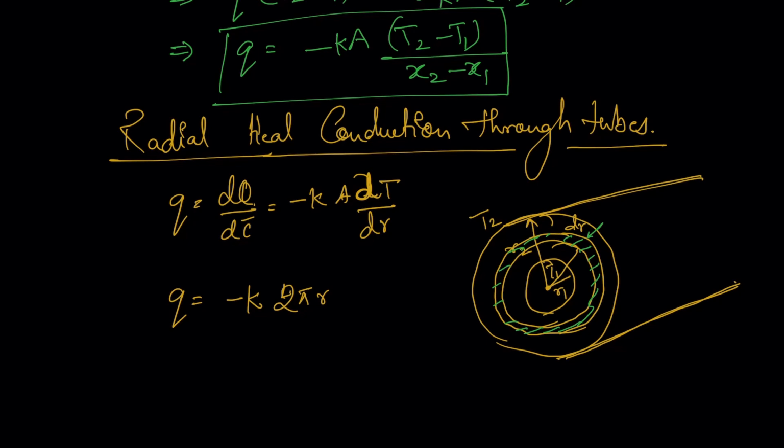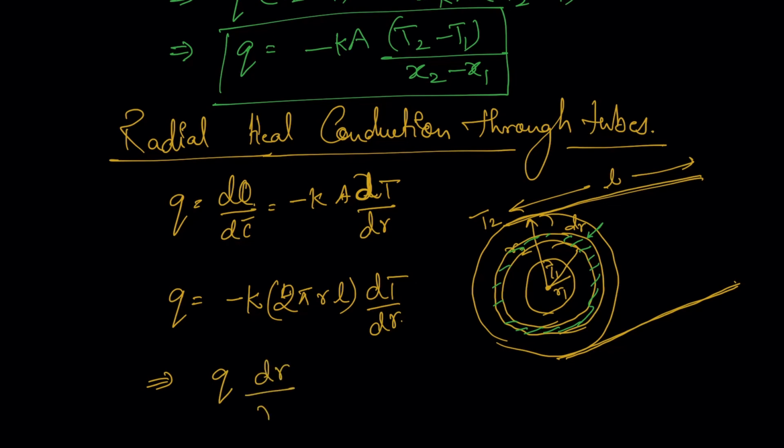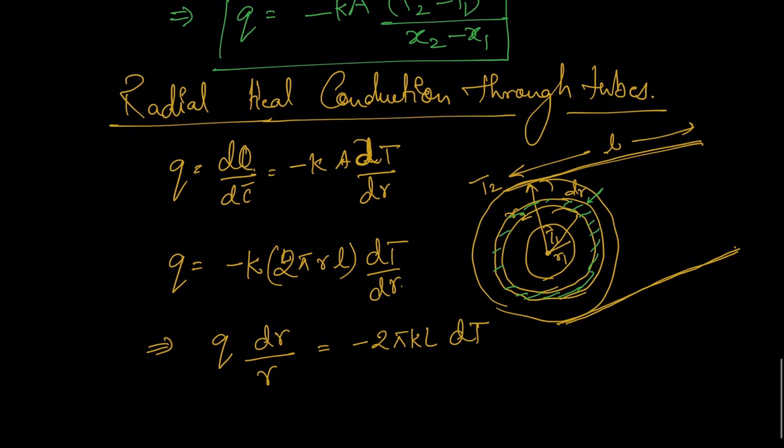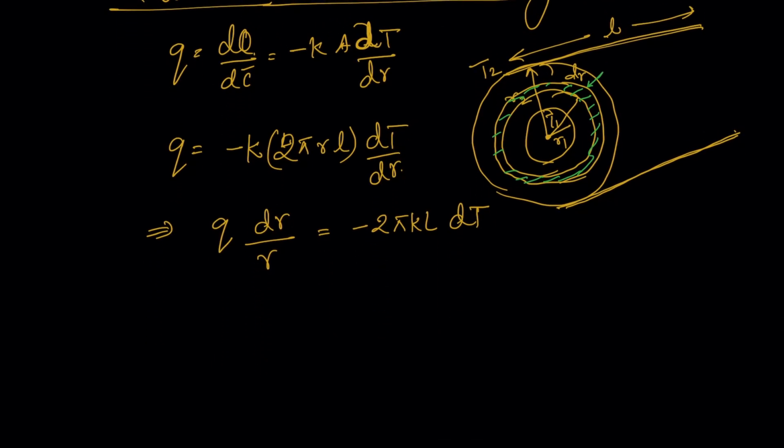So q is minus k 2 pi r l dT by dr. So you can write q into dr divided by r equals minus 2 pi k l dT. Okay, this will be the equation.